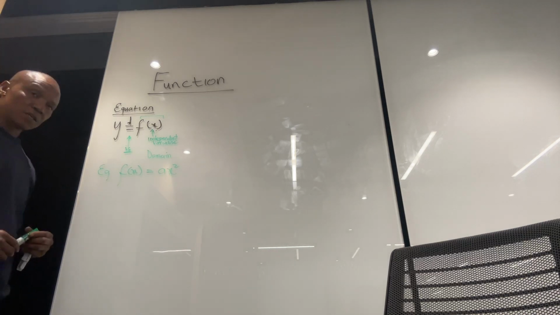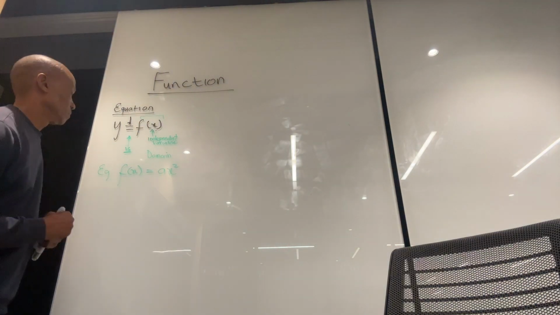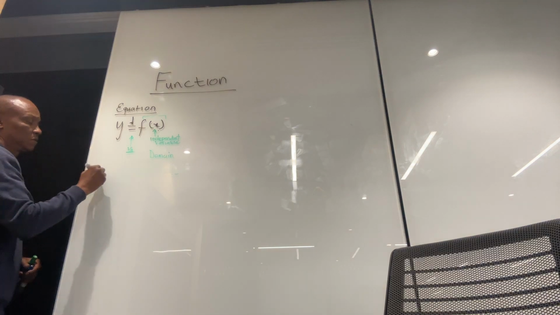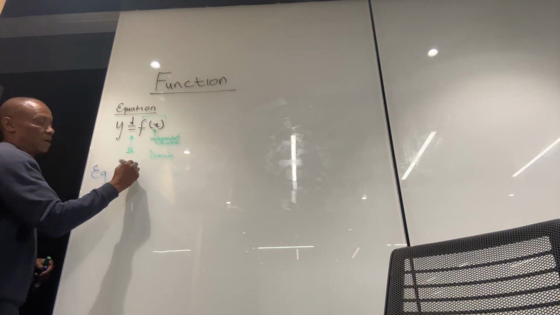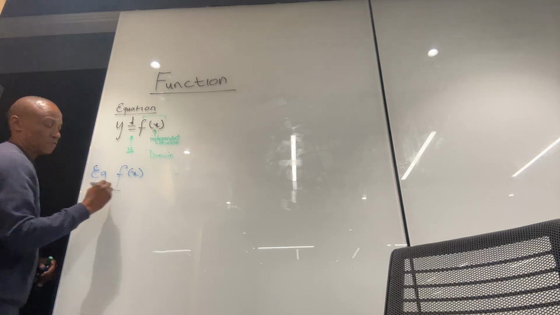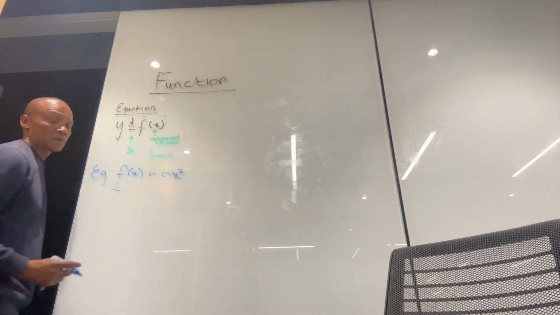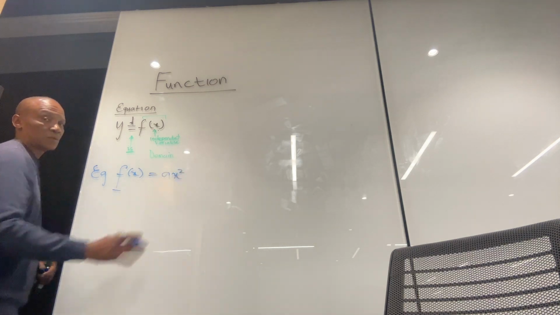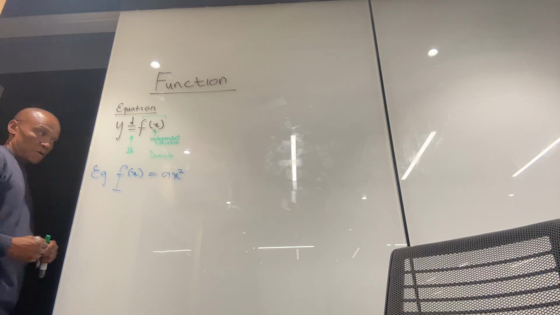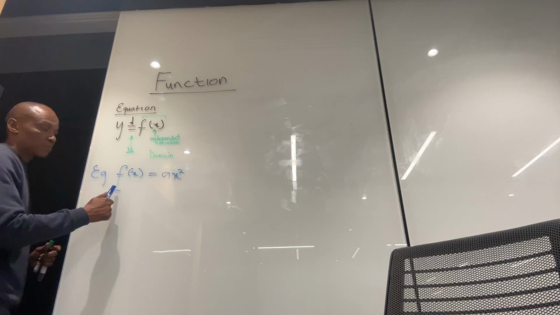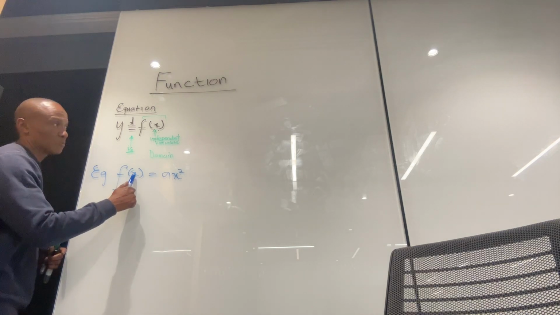We are not discussing the nature of functions or what they are called. Let me make this an example: f of x. This is a function in terms of x. It is expressed in terms of x.